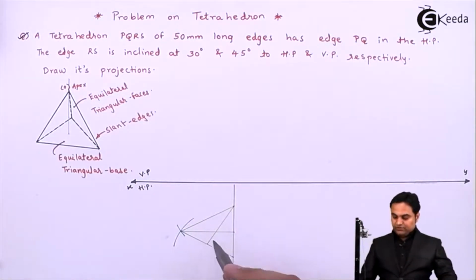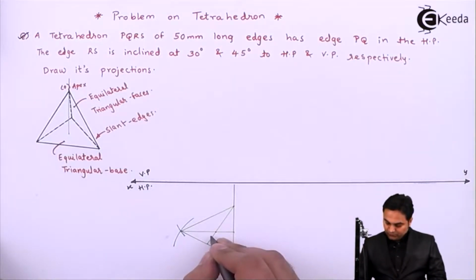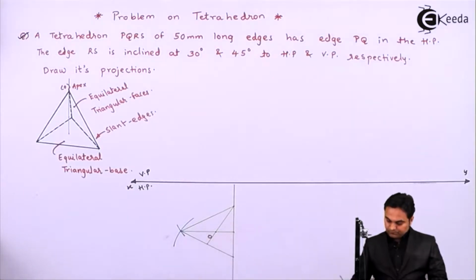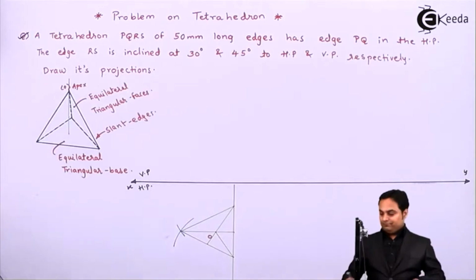Then the intersection of these two lines will give me the apex point O. I'll connect it to the corner so that we get the slant edge of this tetrahedron in the top view.